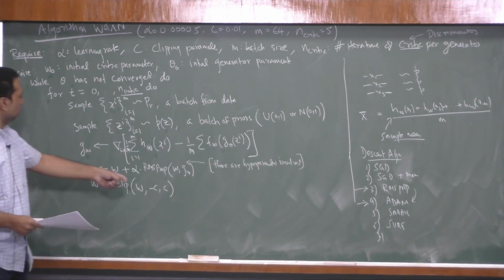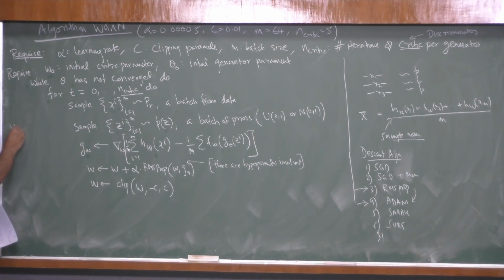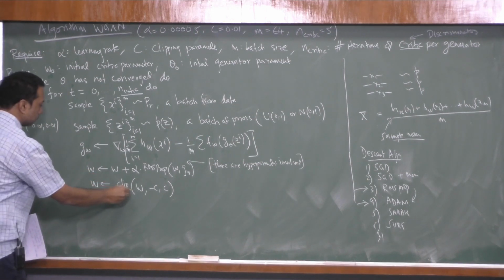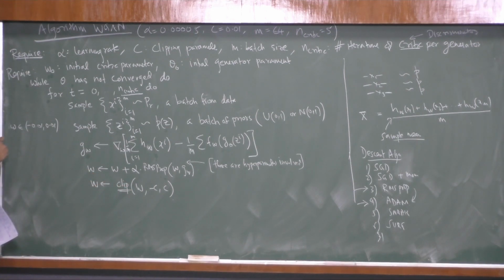It seems like all the entries of W will be within the interval minus 0.01 to 0.01. I have picked this from the paper, and I hope I understand that this is exactly what clipping does. So you clip the weight W, and the idea is that it should propagate to the function being K-Lipschitz.